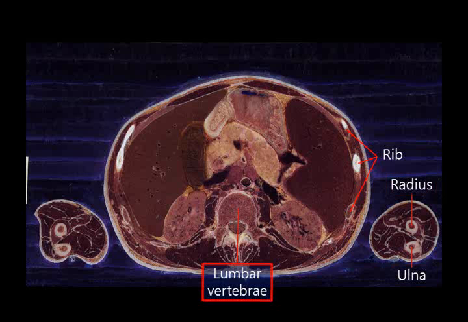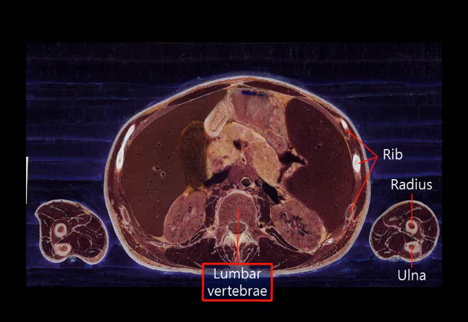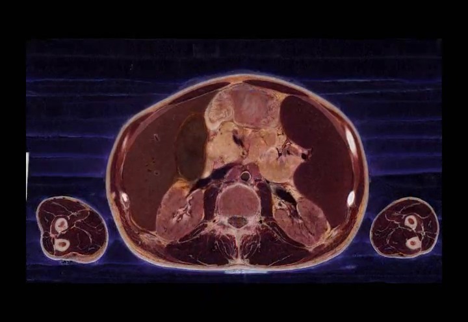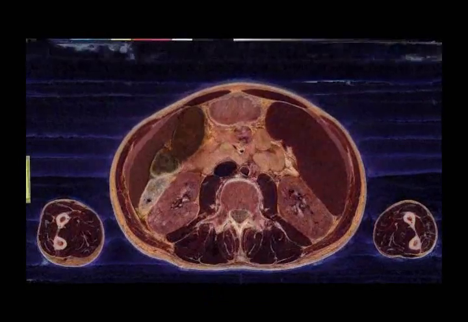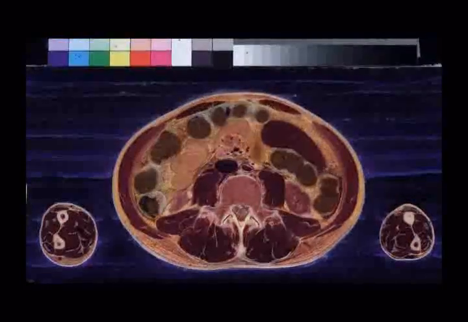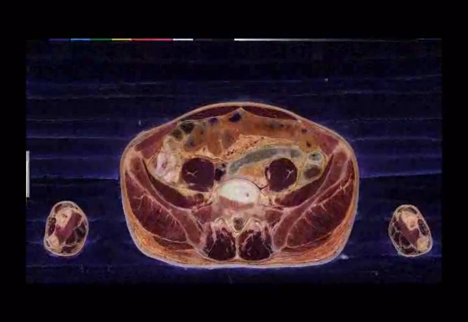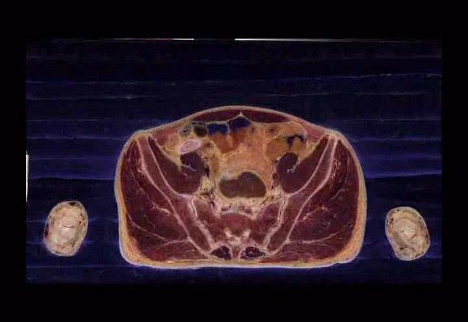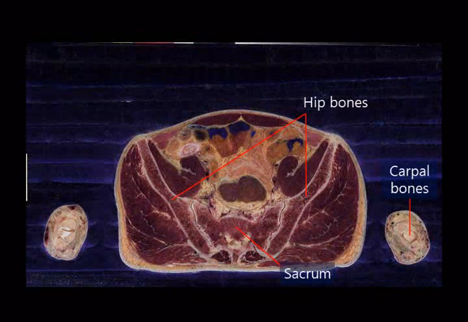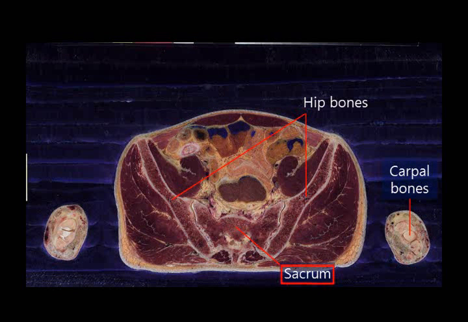The lumbar vertebrae are located under the thoracic vertebrae. The hip bones meet with the sacrum.